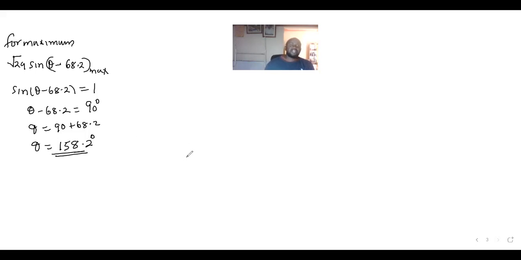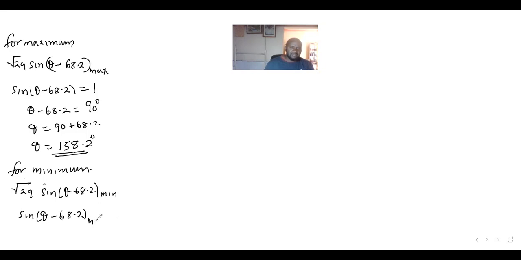That is the angle at which the maximum value occurs. How about the minimum? For the minimum value, we have root of 29 sine of theta minus 68.2, and sine of theta minus 68.2 is minimum, equal to -1. So find the inverse of -1: theta minus 68.2 is equal to 270 degrees.